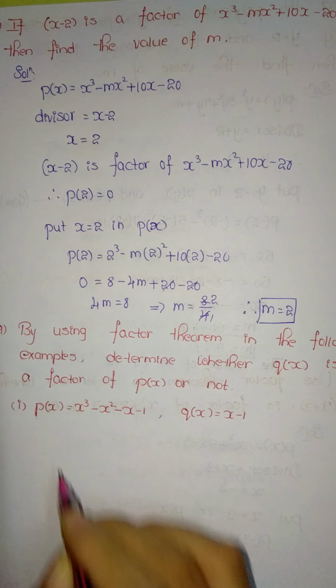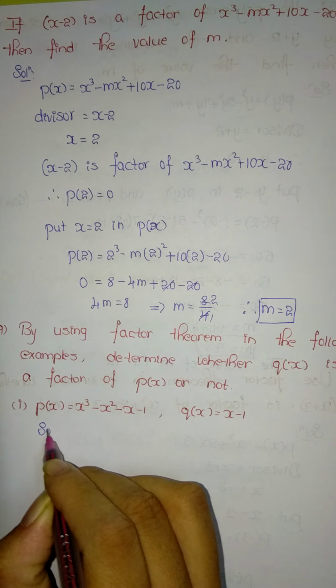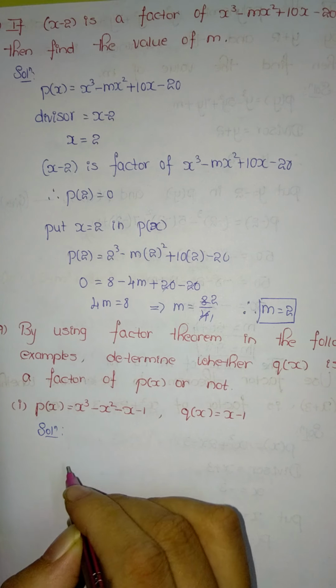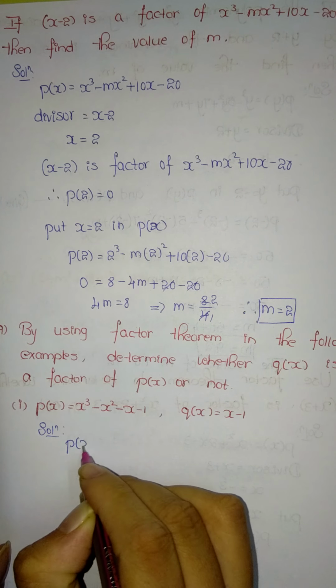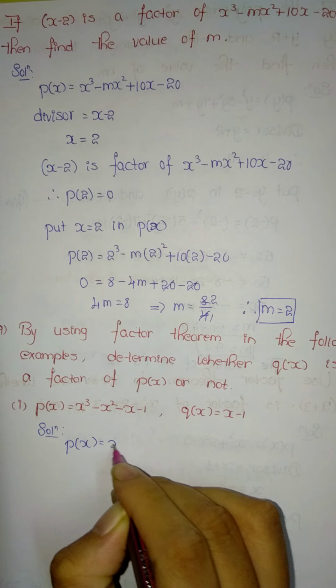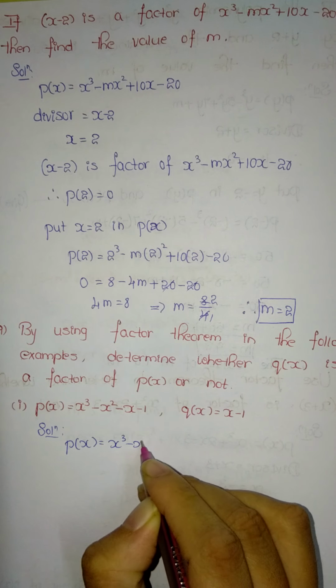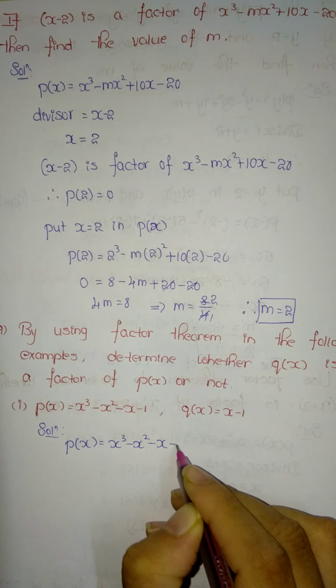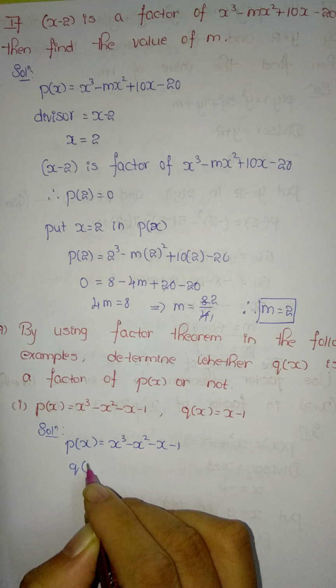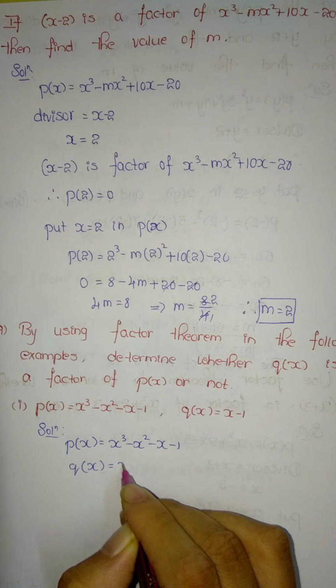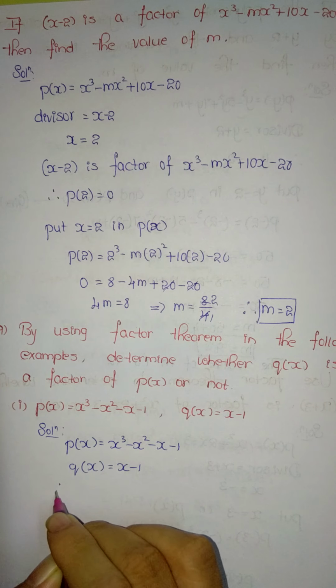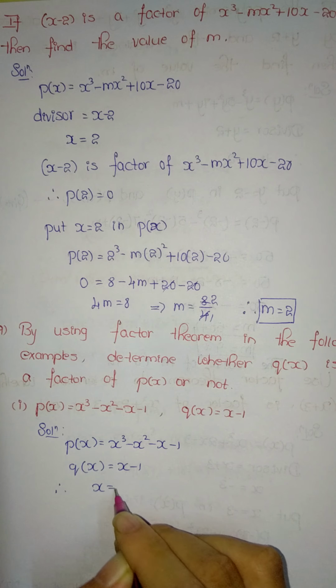So first one, solution. Here p of x is given, so p of x equal to x cube minus x square minus x minus 1. So q of x equal to x minus 1. Therefore x equal to plus 1.